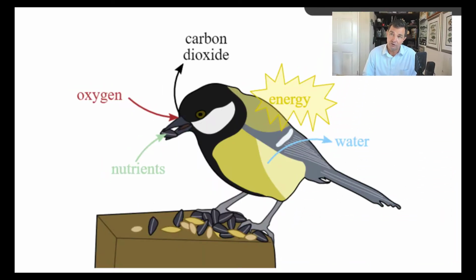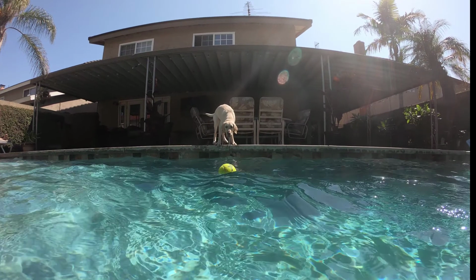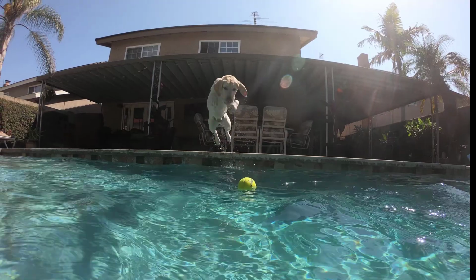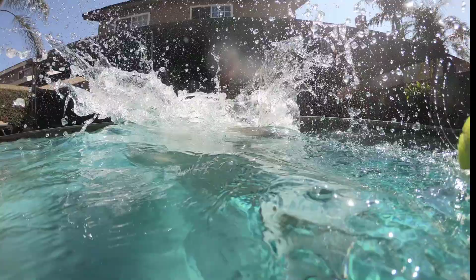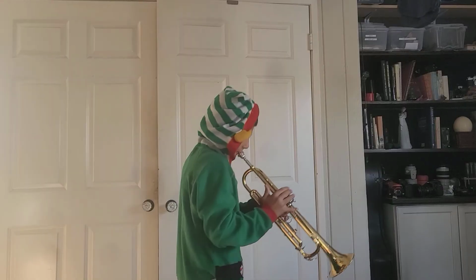Okay, so you need food for all the various things that you do. Obviously, you need it for the building blocks, for the chemicals, but you also need it for the energy. And that's what we're going to focus on today, the energy aspect of it. So a bird might eat food because it needs it for reproduction. A dog might jump in the pool after its favorite ball. And you might wear an elf onesie and learn how to play trumpet.